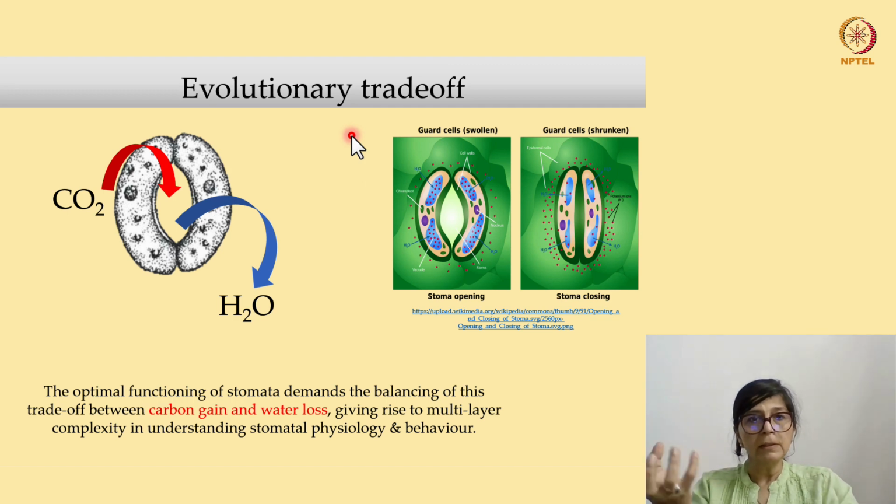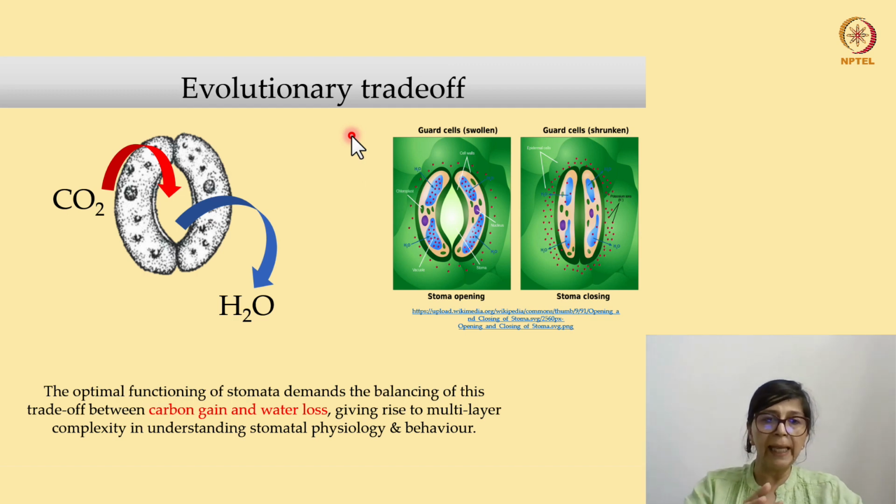Because when the stomata lose too much water, the cell functions will stop. The cell can't carry on, it will get desiccated very fast. So stomatal regulation has to be very efficient in order to pick up that signal. This carbon gain and water loss gave rise to a multi-layer complexity in understanding the physiology and behavior of stomata.